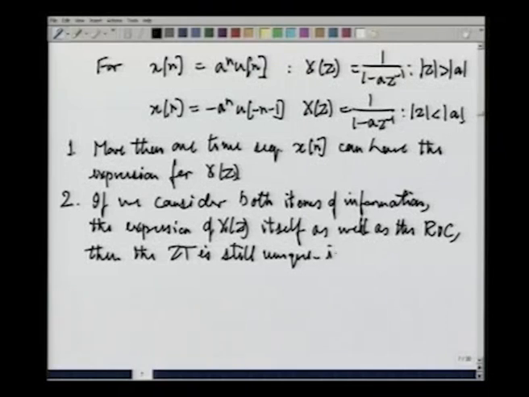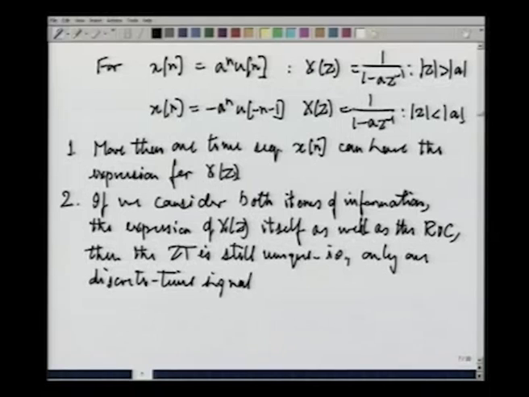That is to say, only one discrete time signal will have a particular x z as well as the ROC given.